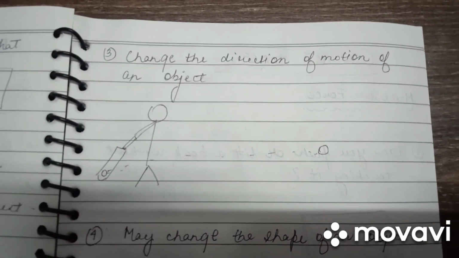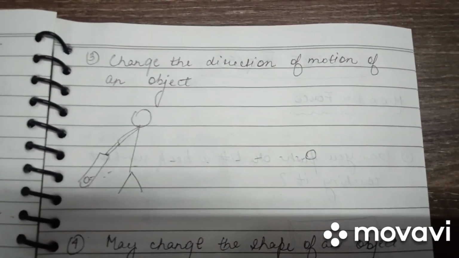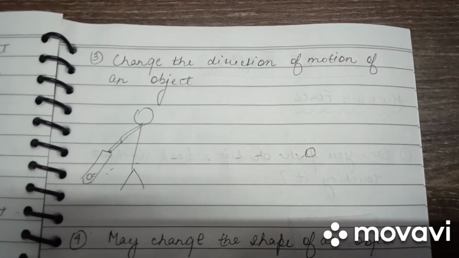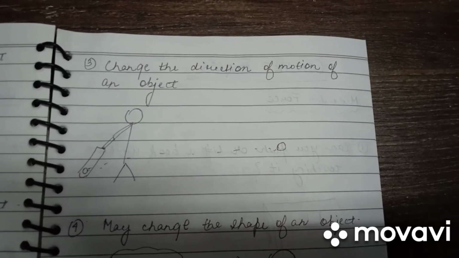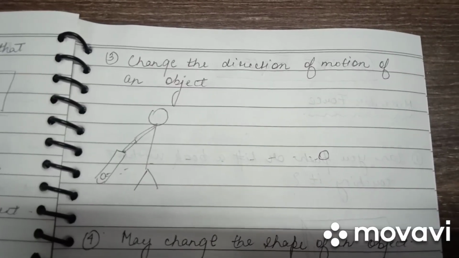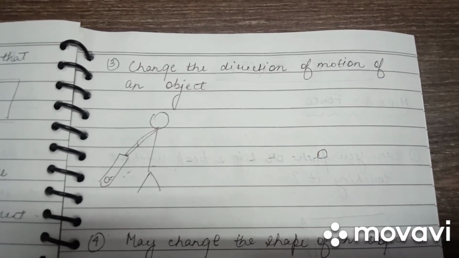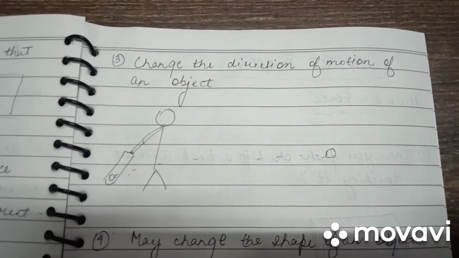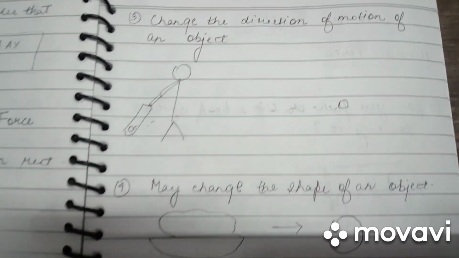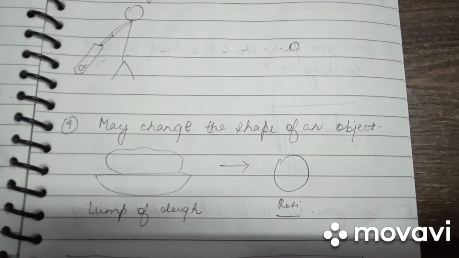Force changes the direction of motion of an object. When a batsman encounters a ball and tries to stroke it in a particular direction, it changes the direction of motion of the ball. We can also consider the previously discussed example where we try to divert the direction of a ball rolling on a table. Force may change the shape of an object.